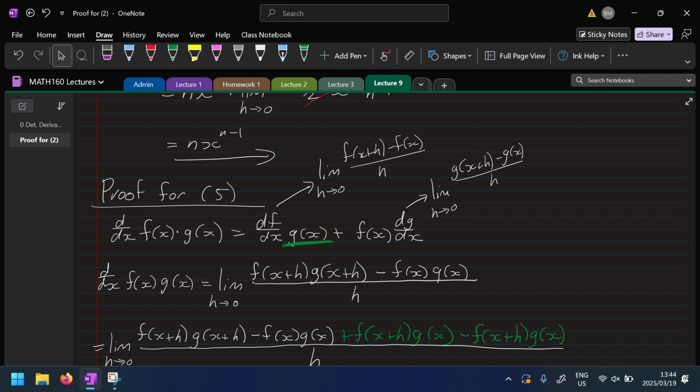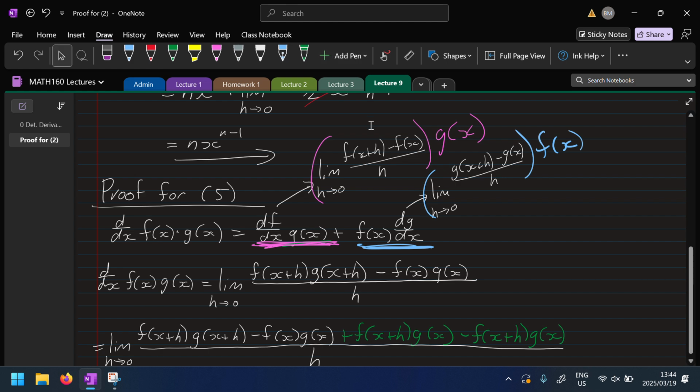So let's just make a little note here. So all of this times g. That's this in pink. Everyone see that? Okay. Then in blue, this part will be this times f. Okay. Everyone see that? Okay.